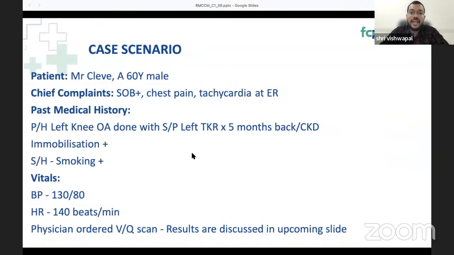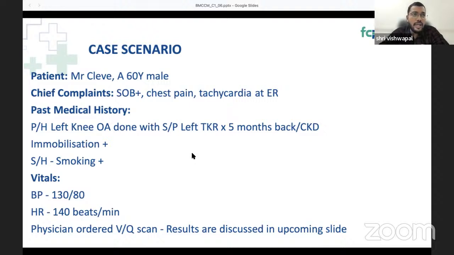Mr. Cleve is one of my friends, and he's a very good guy. He is a 60-year-old male, and he presented in the ER with complaints of shortness of breath, chest pain, and tachycardia.